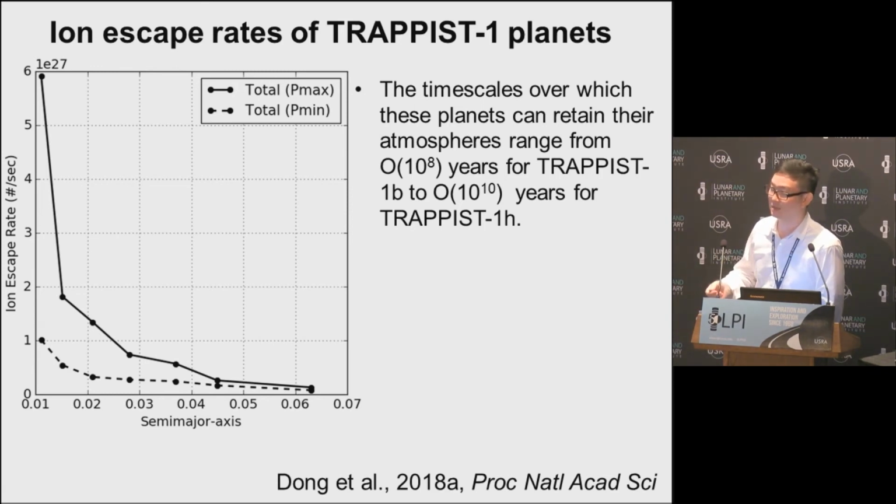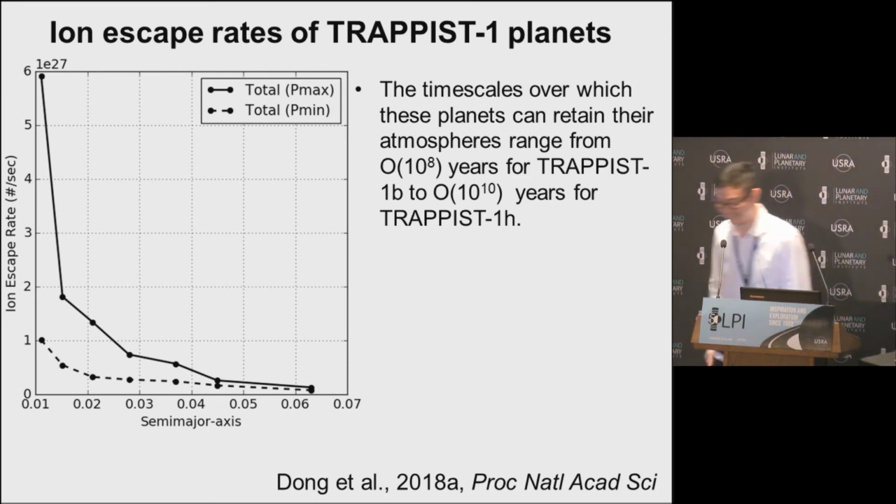Then, because one interaction is subsonic and one is supersonic, based on my previous Mars simulation, I found the subsonic interaction will actually enhance the ion loss. But for this system, I'm not sure. I need to check. All right. Well, thank you very much.